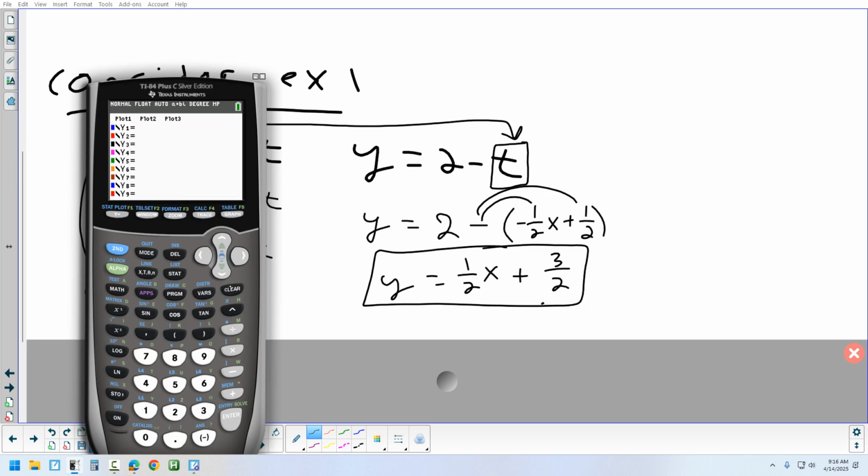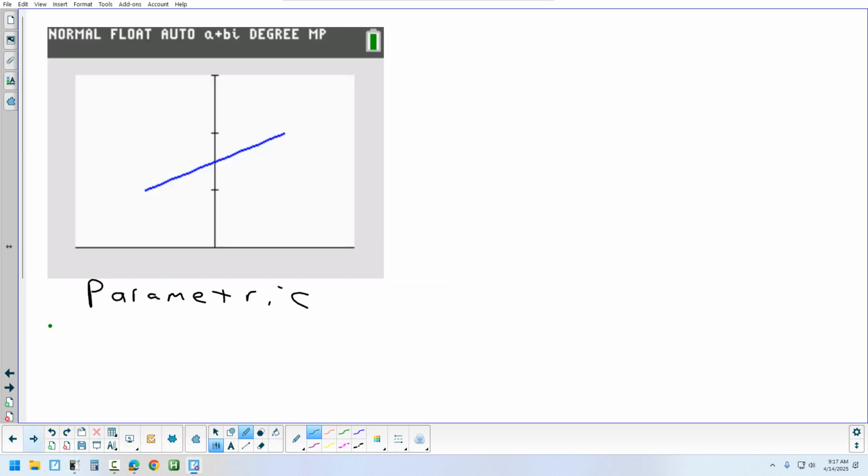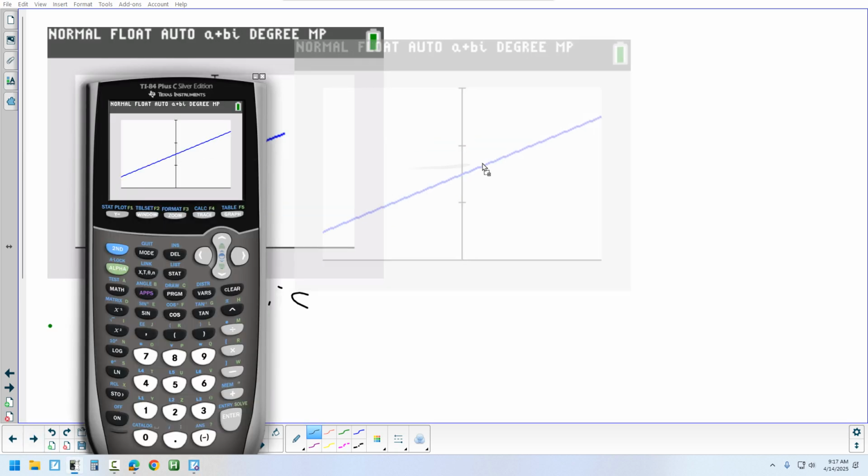The equations don't, because it's function versus parametric. I did 0.5x plus 1.5 just because it's easier to type in. I'm going to hit graph, and let's compare that. So it gives the full formula rather than just the small snippet.